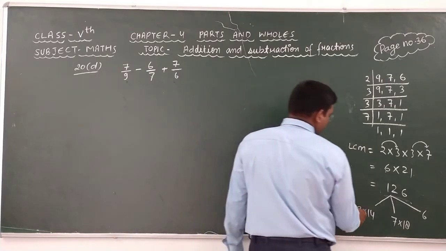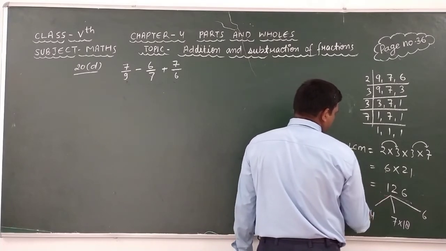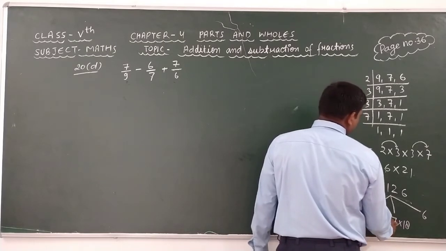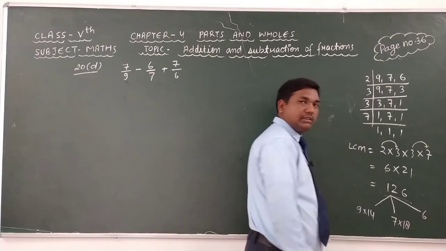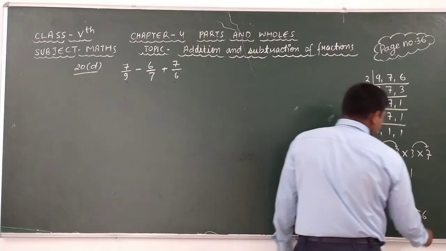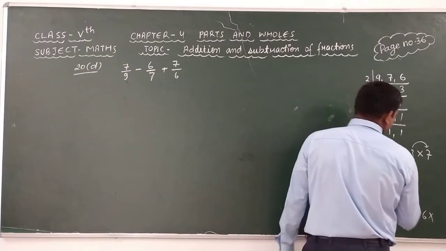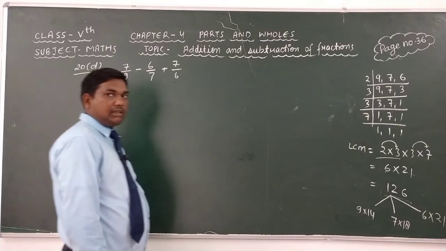Similarly, we can multiply 6 and 21, then 21 6s are 126.